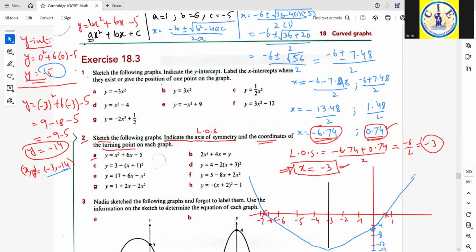So this is the graph of the required equation. So you can write down y equals to x squared plus 6x minus 5. This is the x-axis, this is the y-axis, and so on. So all the working is there.